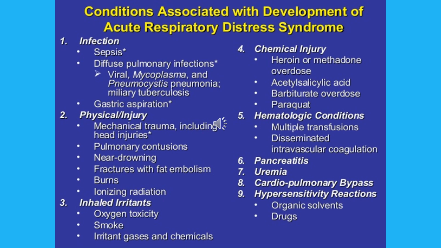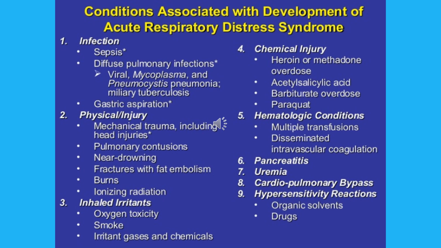So this is a list of conditions associated with the development of acute respiratory distress syndrome. Acute lung injury is usually viewed as a complication of several underlying conditions, which can either be a direct injury to the lung or a systemic disorder.